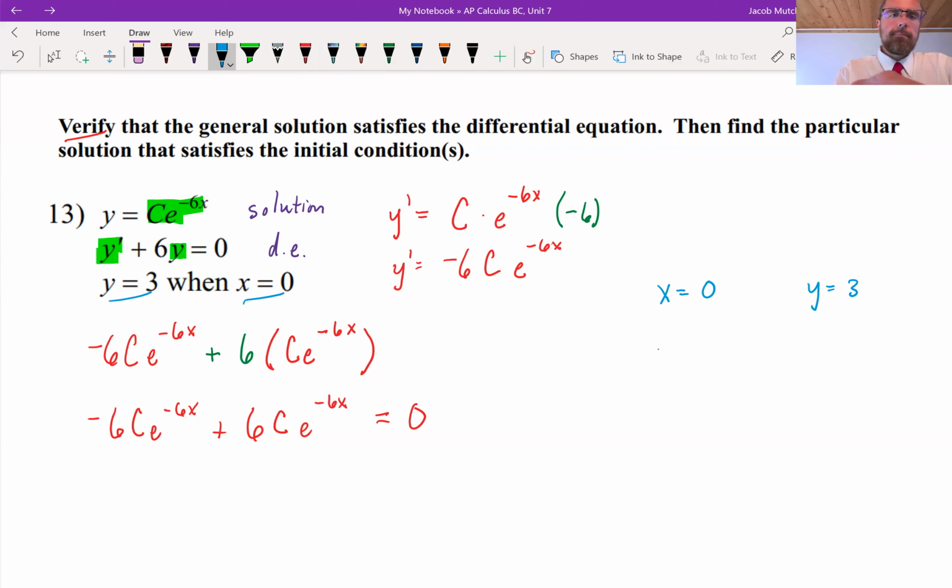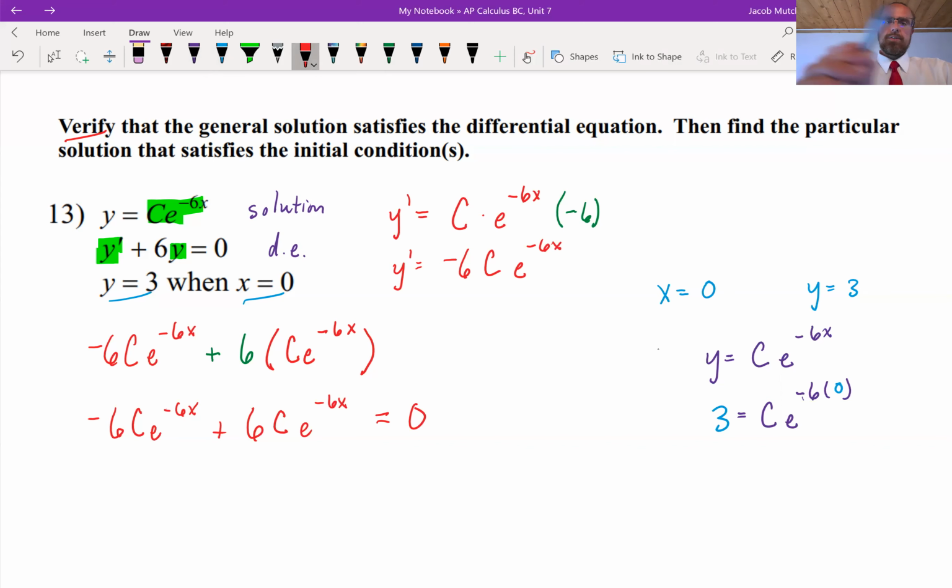And I'm going to pick up my solution equation, which is y equals c e to the power of negative 6x. And then I want to make a substitution. So for y, I'm going to plug in 3. Pick up with the solution equation, equals c e to the power of negative 6 times my x value, which is 0. And I just want to solve for c.